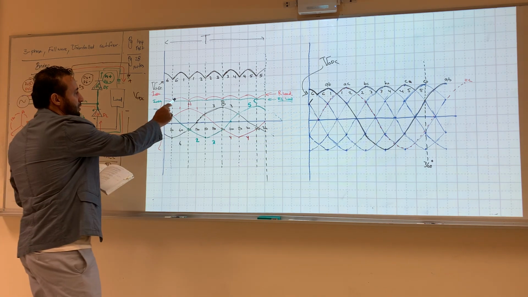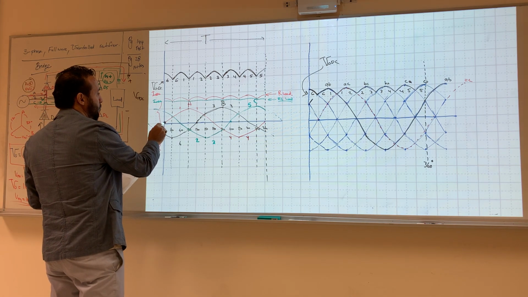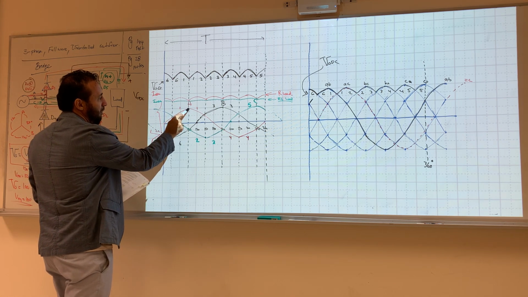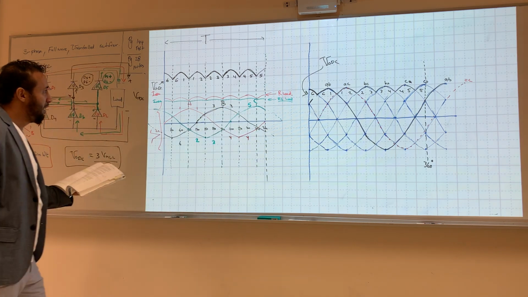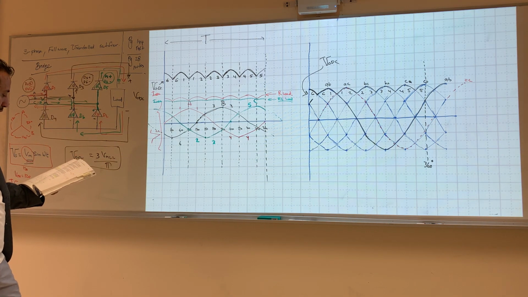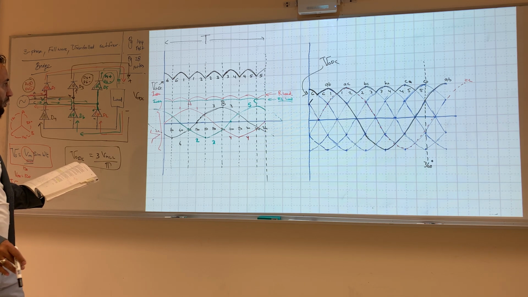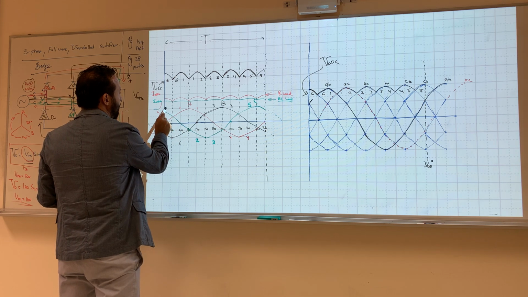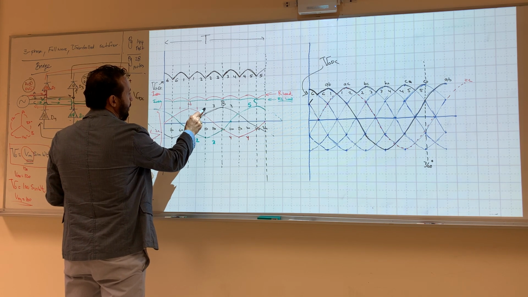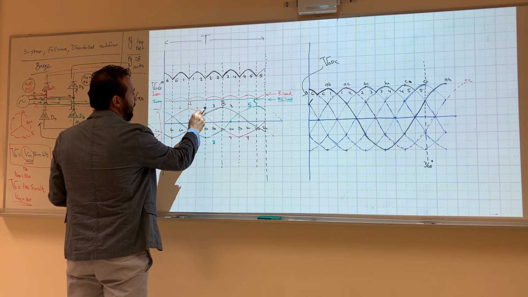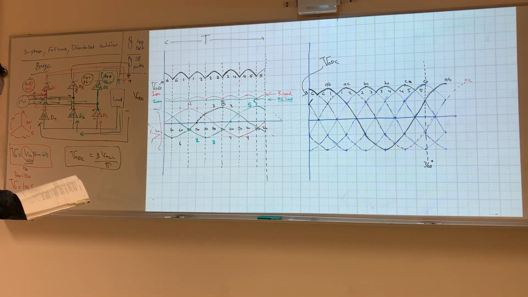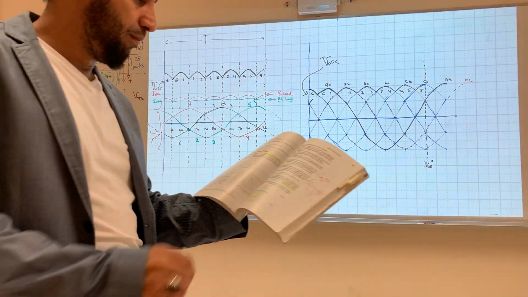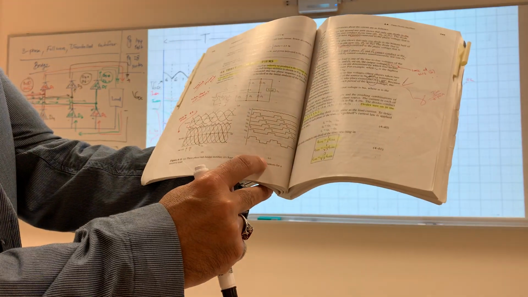If you want to draw I diode 1, everything will be 0 right here, and you will see this only, and then 0. If you want to draw I diode 2, it will be shifted, so you're going to draw this. You will see the output right here for I diode 2, and then 0, and so on. You can see it in page 144, part C.